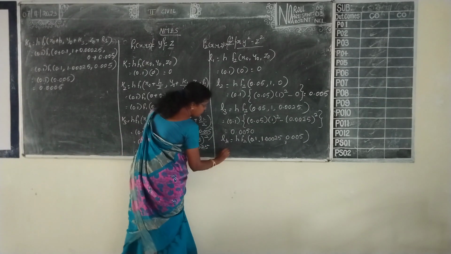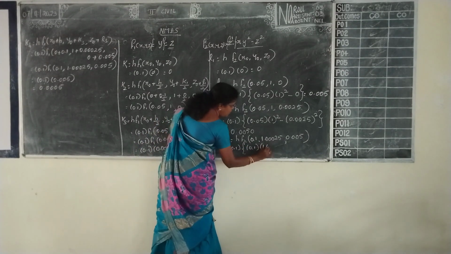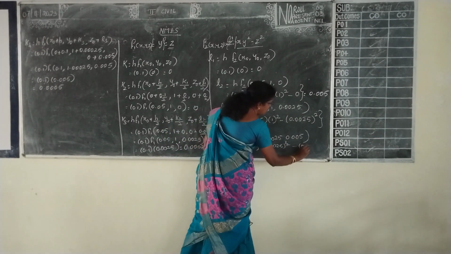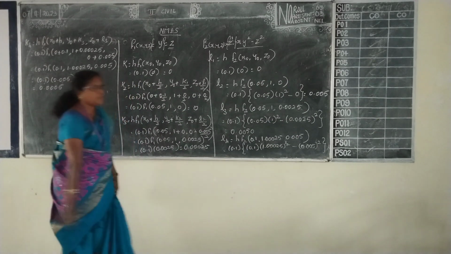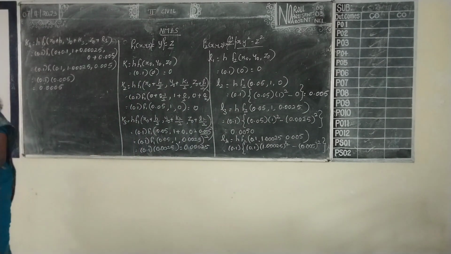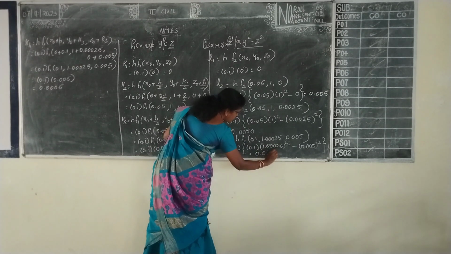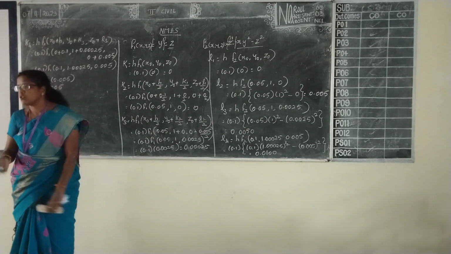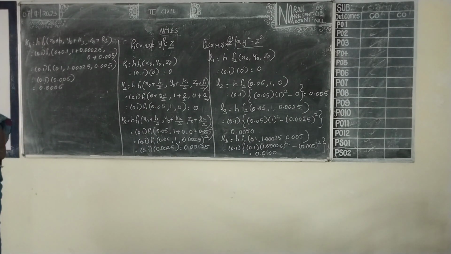Substitute and find the answer. 0.1 into 0.1 into 1.0025 square minus 0.005 square. Find what is L4.